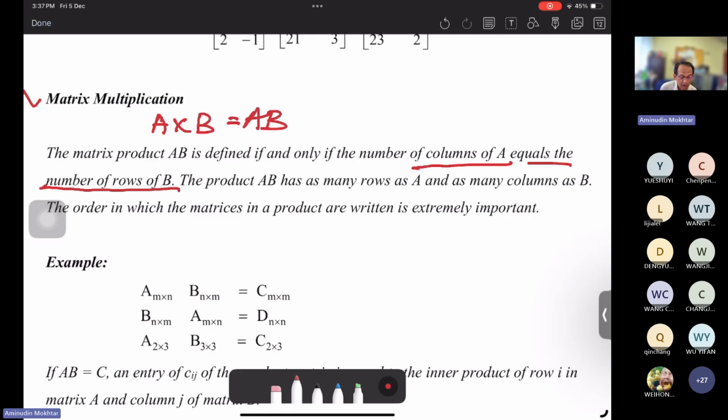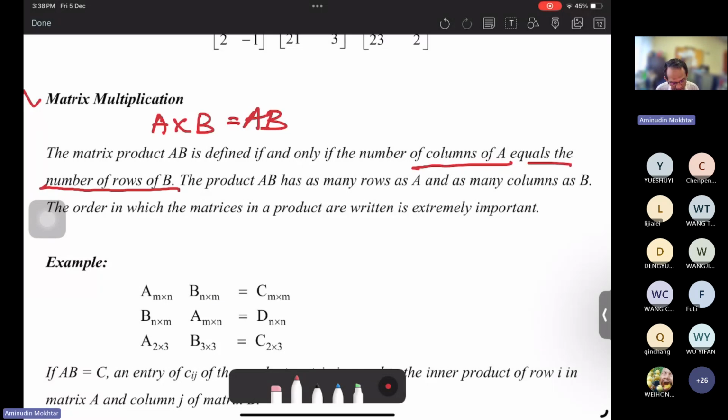Then the number of rows of the product matrix AB equals the number of rows of the first matrix, and the number of columns of AB equals the number of columns of matrix B. That's how to find the matrix multiplication.